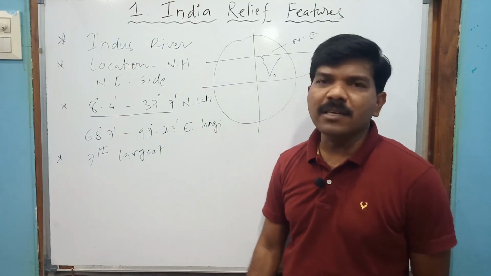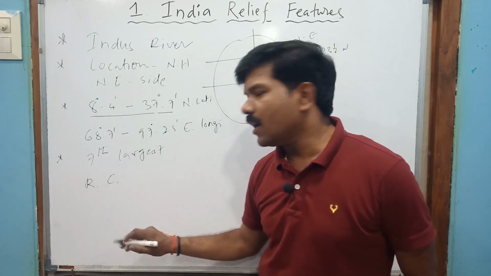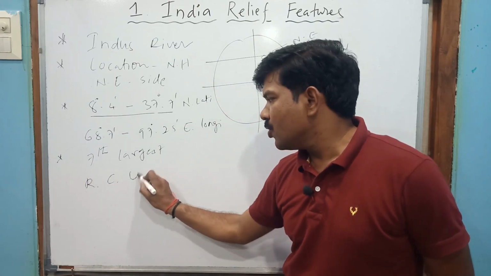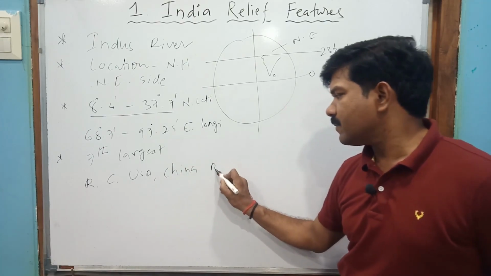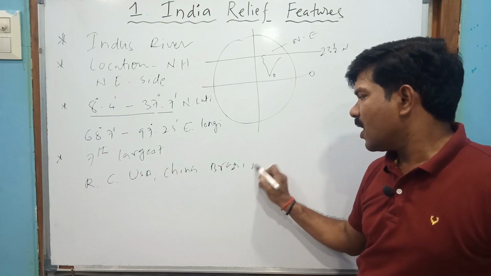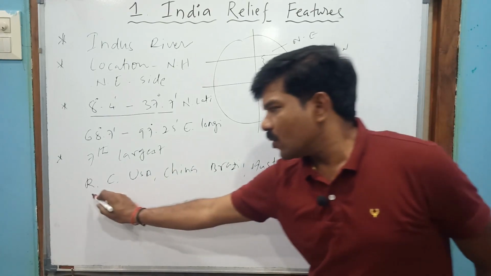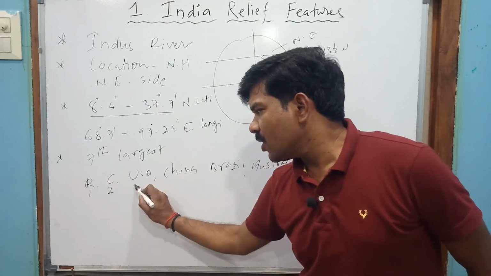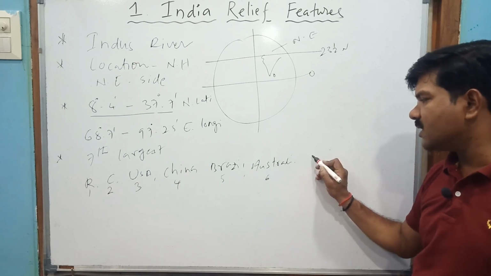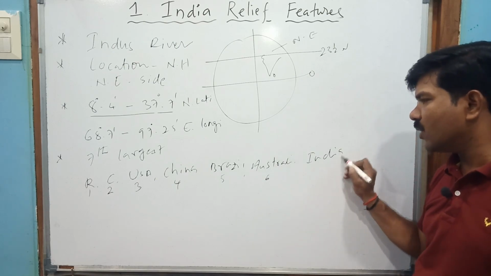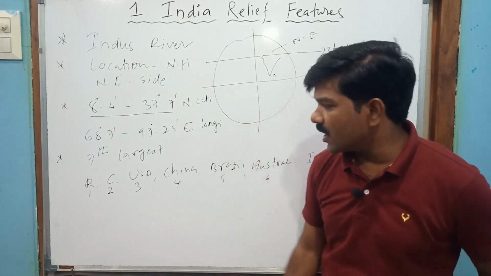Russia, Canada, USA, China, Brazil, Australia, and the 7th one is India. So India is a very large country, the 7th largest.